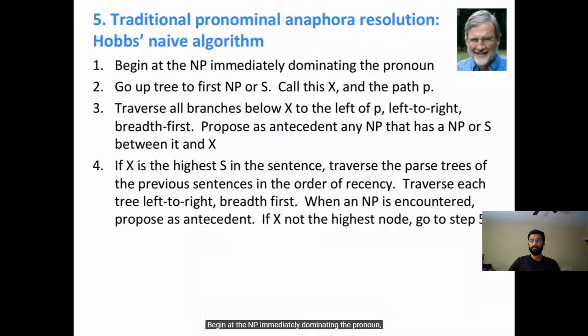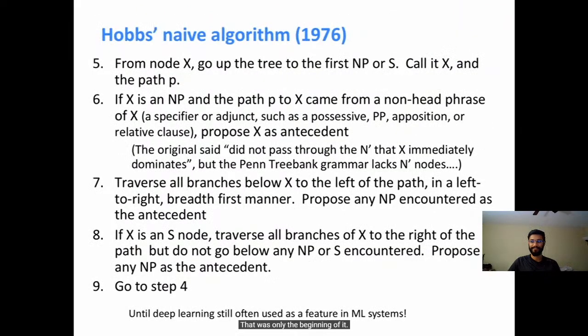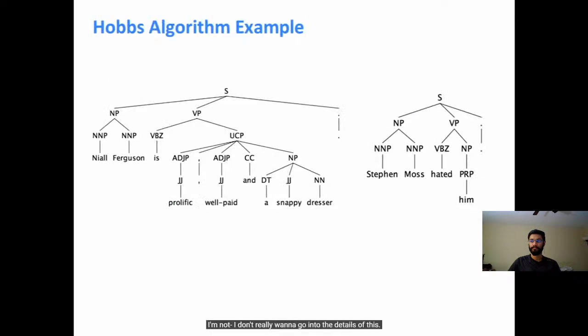Begin at the NP immediately dominating the pronoun, go up the tree to the first NP or S, call this X and the path P, traverse, it goes on and on. There's more of it. That was only the beginning of it. There are a lot more stages.